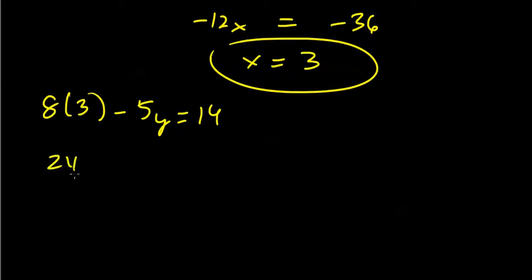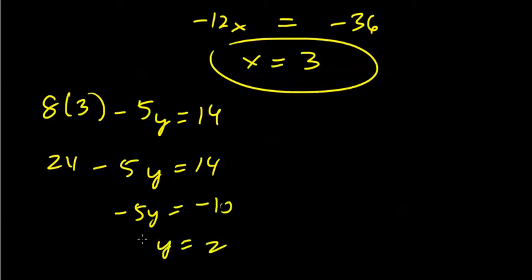So 24 minus 5y equals 14, minus 5y equals minus 10, and y, of course, equals positive 2. Alright, so what I've got now is solutions for x and y in my resulting 2 by 2 system.